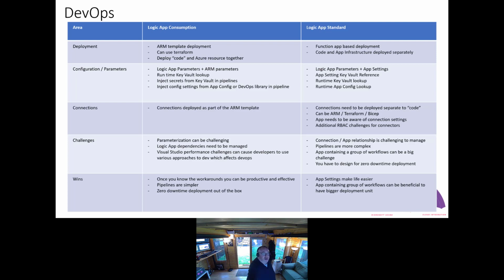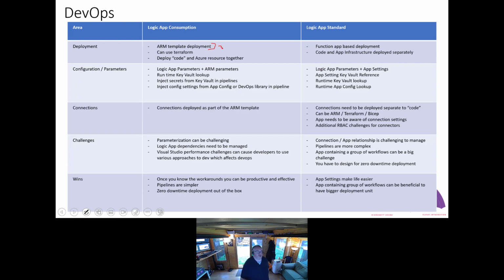Typically you're going to be using an ARM template, so you'll have resources defined in JSON as part of a JSON file which makes up your ARM template. When you develop in Visual Studio, for example, the designer just sits on top of that ARM template. So logicapp.json would be the file. When you deploy it, you can supply parameters for the ARM deployment, and that's typically how it works.